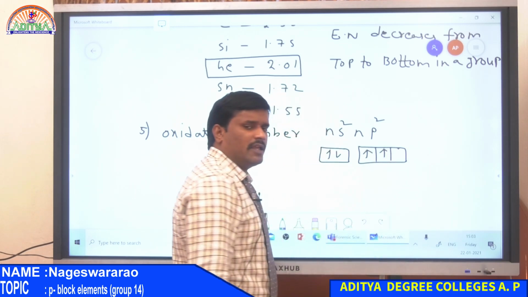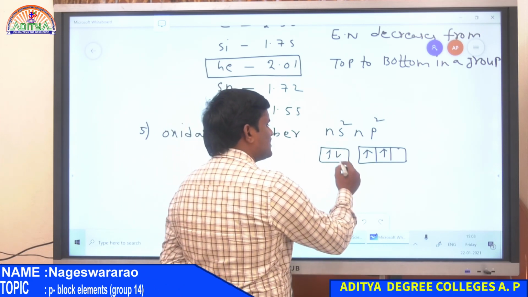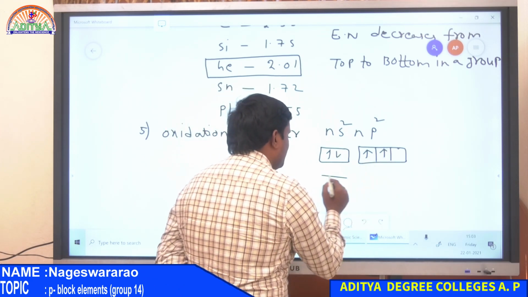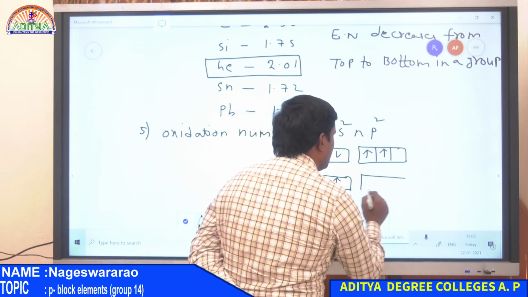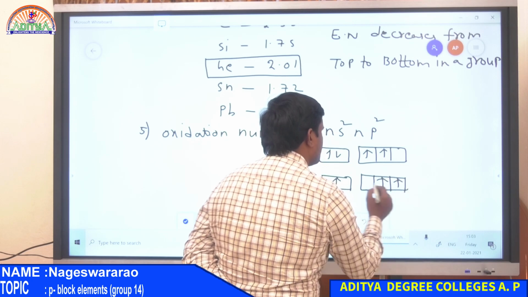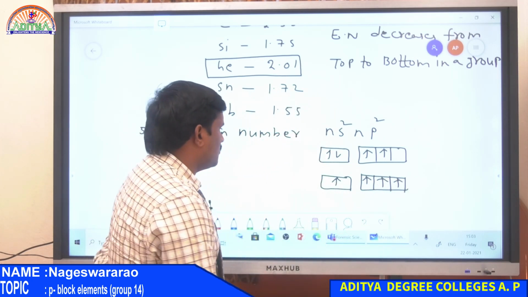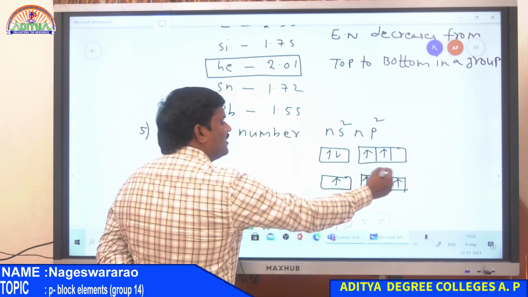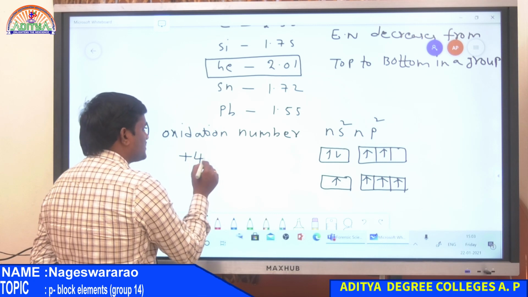This is the electronic configuration at ground level. Whenever an electron is excited to a p orbital, it becomes 1 electron in the s orbital and 3 electrons in the p orbitals. So all are unpaired electrons.